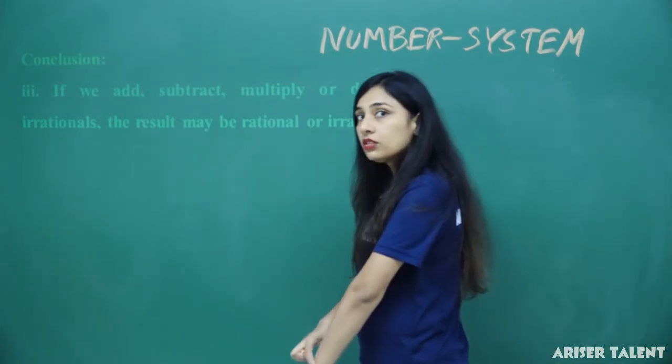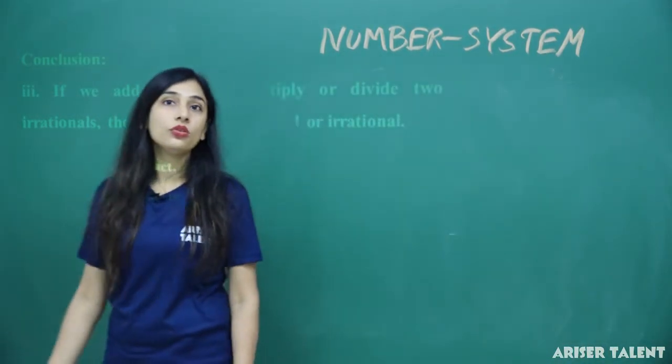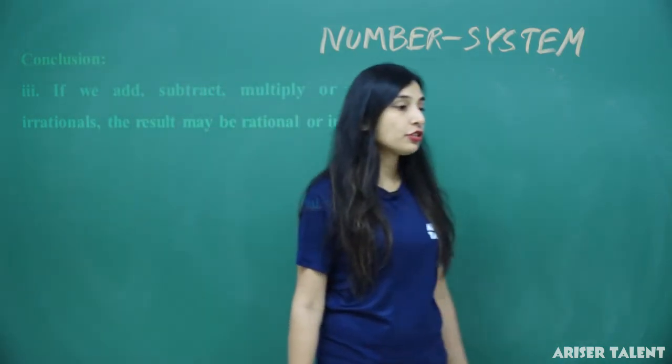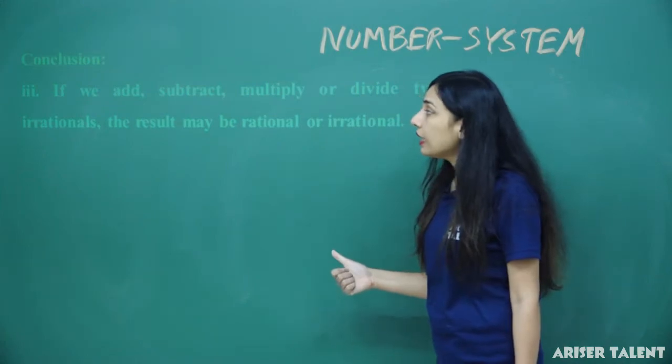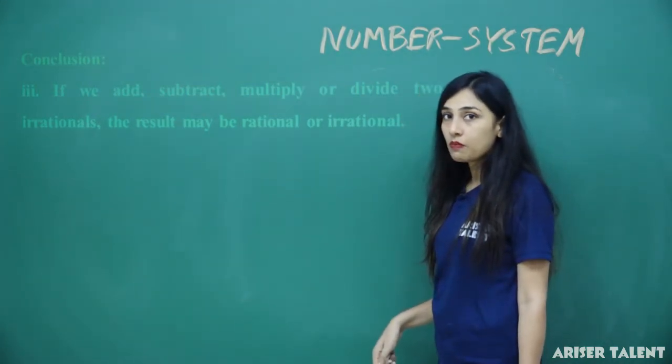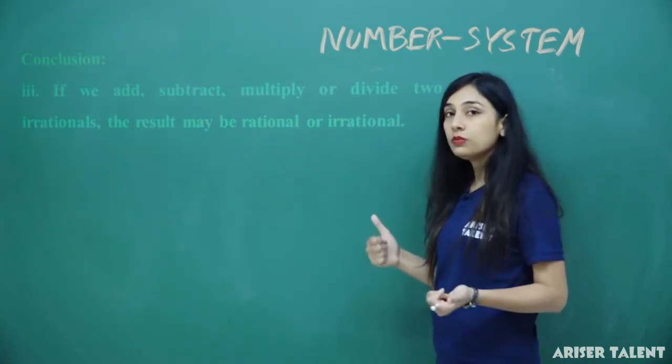Now, although this is a conclusion I have told you, you'll ask me, ma'am, how is it possible that we add two irrational numbers and get a rational number? How is this possible?